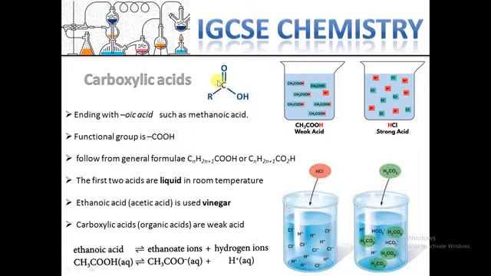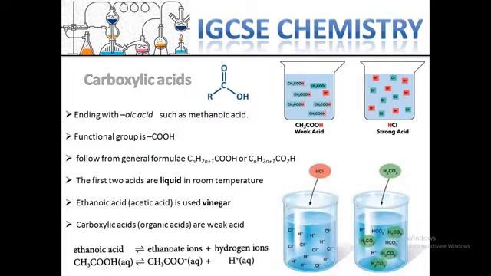This carbon is connected with a double bond to one oxygen, and also to another oxygen as a hydroxyl group, OH. R is a carbon chain, which could be methane, ethane, propane, or another carbon chain.